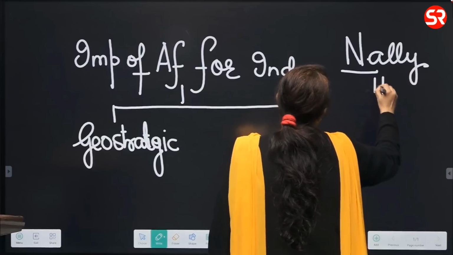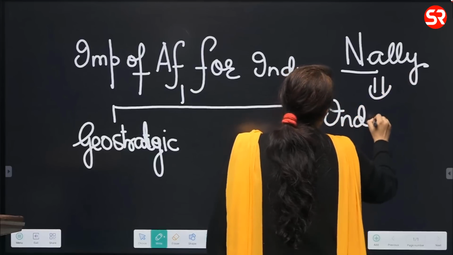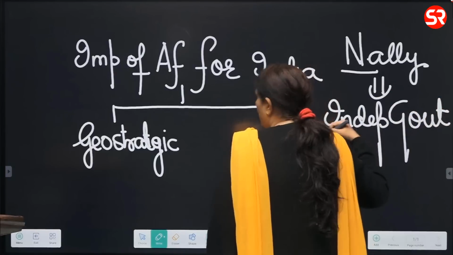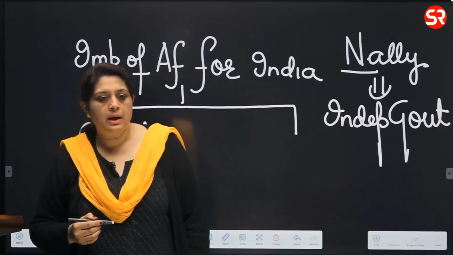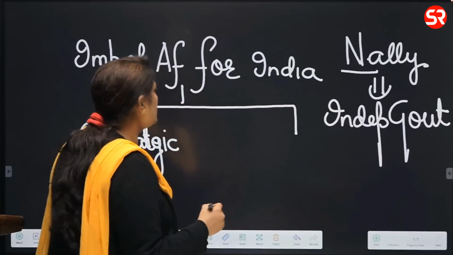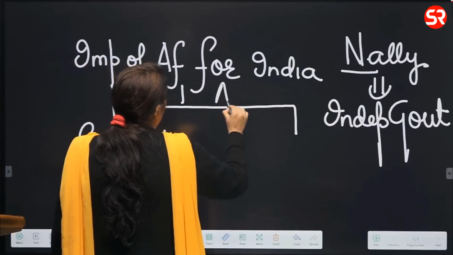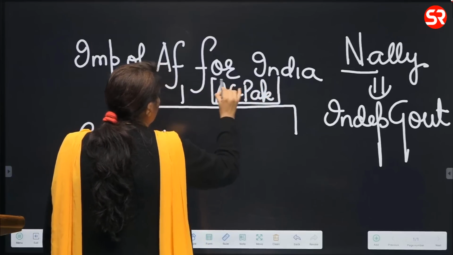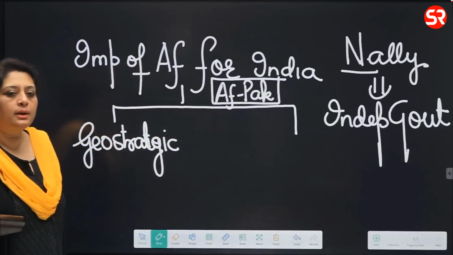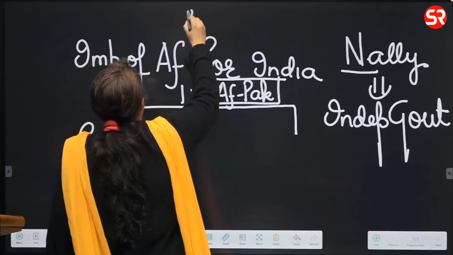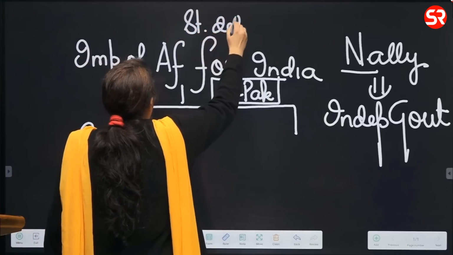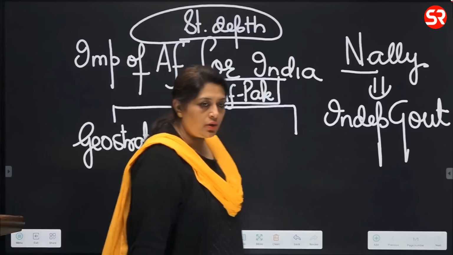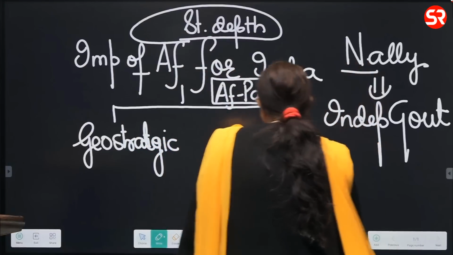If there is an independent government in Afghanistan, and because Pakistan understands this fact, Pakistan wants Afghanistan and Pakistan to become a single strategic space and deny India the strategic depth, and Pakistan wants strategic depth in this region. So that is the geostrategic importance.